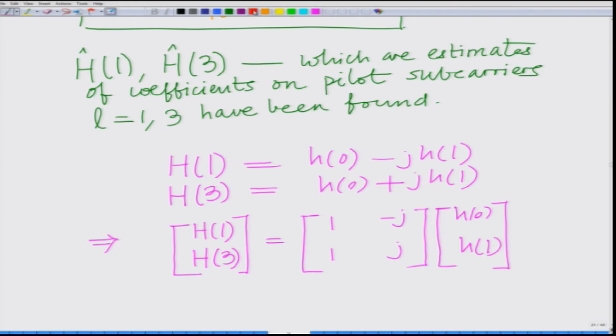So, what are these? Now, these are basically your time domain channel taps, right. These are the time domain channel taps of the ISI channel.